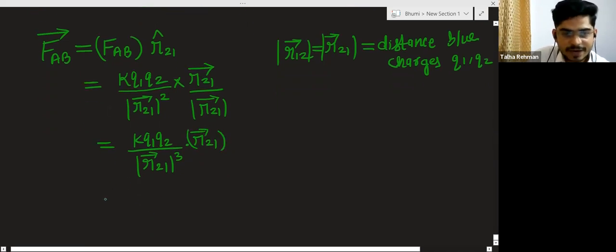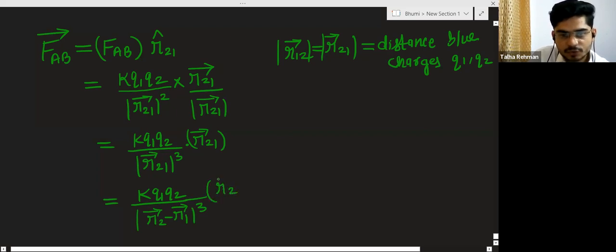So we can write it as k q1 q2. What can I write for r21? I can write r2 minus r1, cubed. And for the vector, I can write r2 vector minus r1 vector.